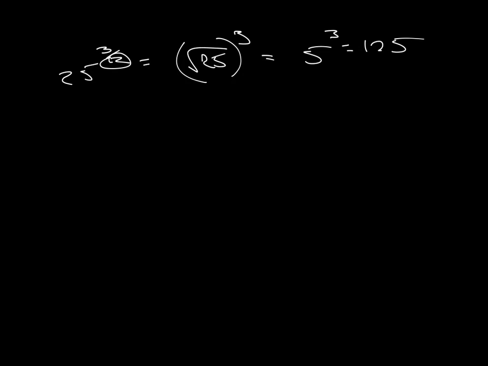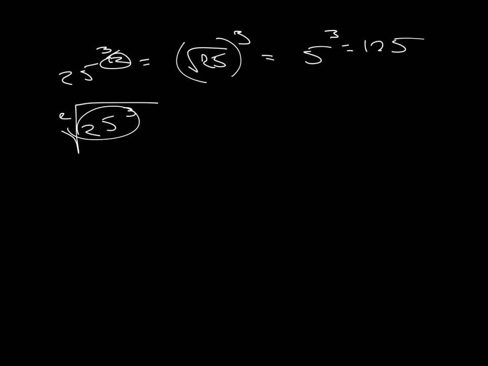And I'm done. Some people would rather do it as, I'm going to cube 25, and once I do that, I'm going to take the square root of it. Well, that's fine, but I don't know what 25 cubed is. I can't do that in my head, whereas the one above it, I could do the whole thing in my head, and it was just a lot easier.